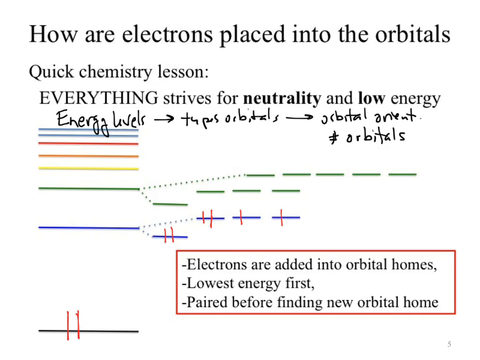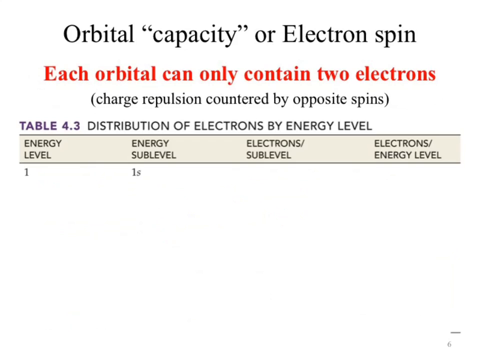So, another summary: each orbital can only hold 2 electrons. If we take a look at our first energy level, how many orbital types do we have? The first energy level gives us 1 orbital type.